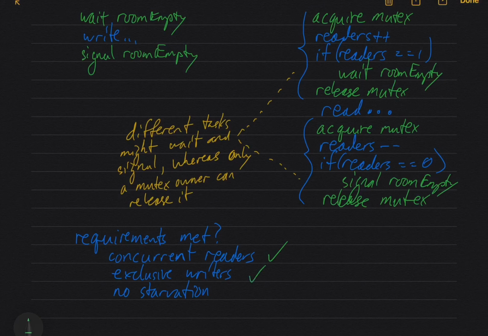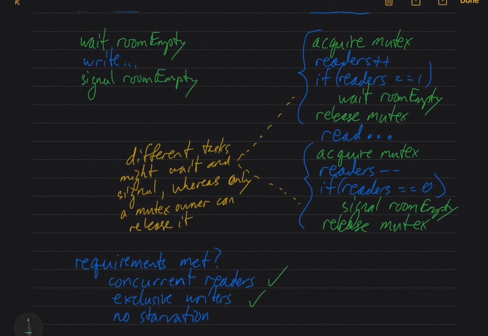So we do have exclusive writers, but starvation is the issue here, and I don't know if you can see it, but the problem is that if you have a steady stream of readers arriving, only the first reader will wait on room empty, and subsequent readers that come along will just have to acquire that mutex, bump up the readers count, and they enter the room. So as long as it never gets down to 0 readers, it will never signal room empty, which means that the poor writer on the left there will be stuck waiting at room empty forever.